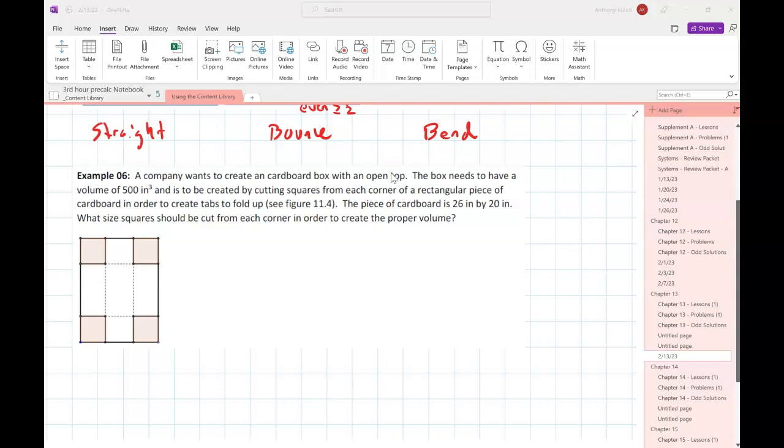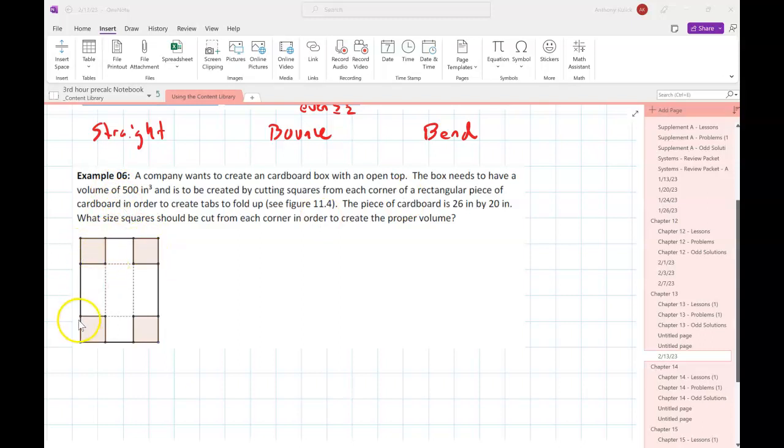So like a garbage can kind of shape where it's rectangular. The box needs to have 500 cubic inches of volume and is created by cutting squares from each corner of a rectangular piece of cardboard in order to create tabs to fold up. That's what we've got here.